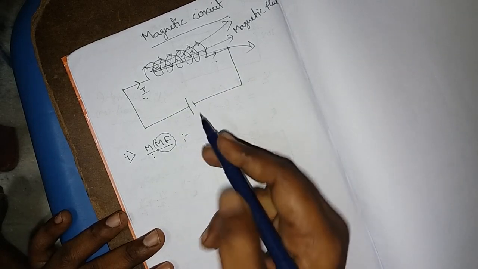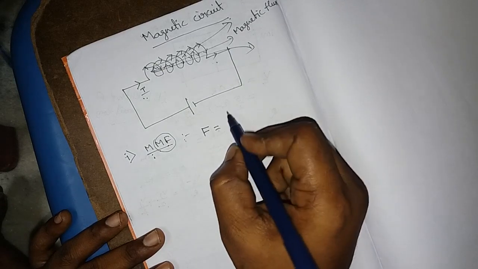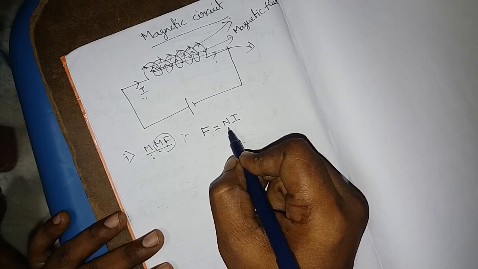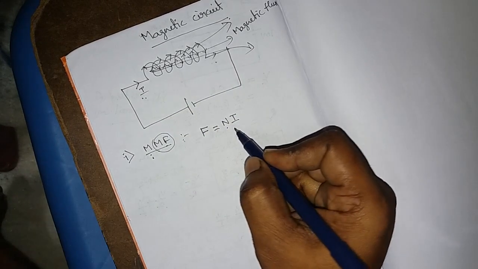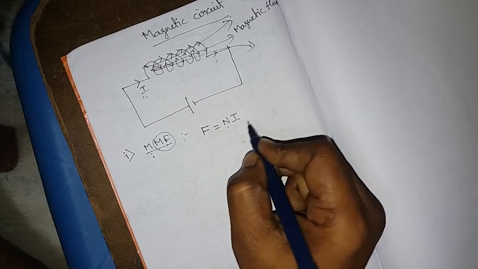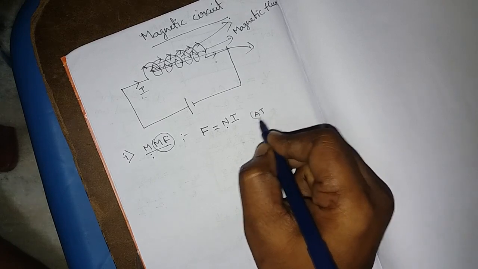It is denoted by F. F is equal to N into I, where N is the number of turns of the coil and I is the current flowing through the coil. Therefore the unit of the magnetomotive force is ampere turns.